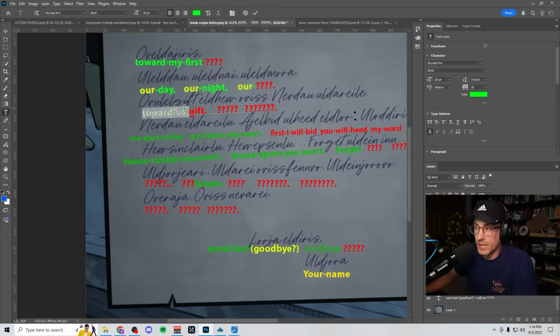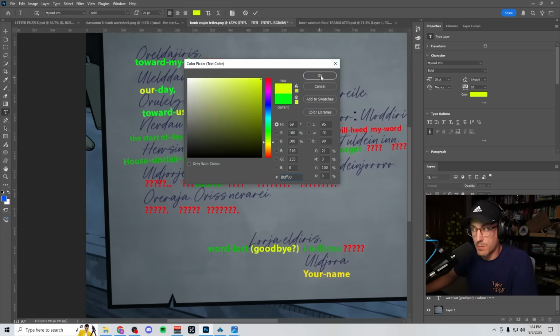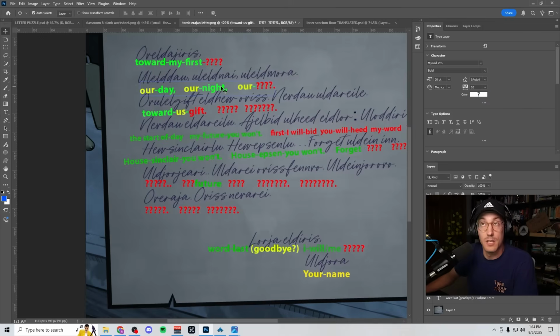That should be green except for the us, which should be yellow because I still feel really unsure about the pronouns and the possessives. What's the word? Us, our, I, me, you, yours. I feel very unsure about all of those.